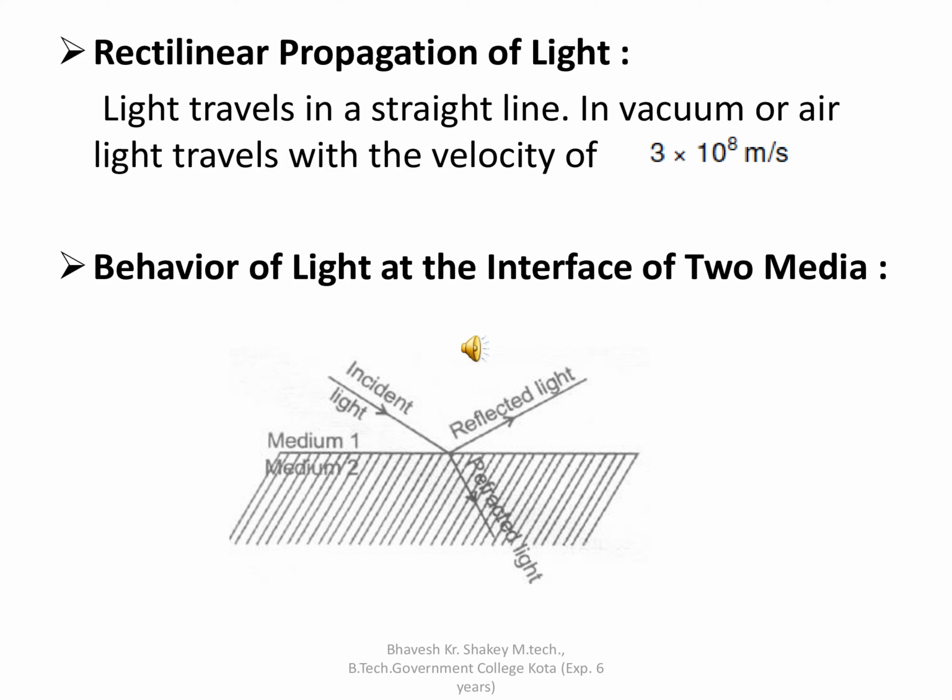Some part of the light, or some energy of the light, is absorbed. So one is called reflection of light and the second one is called refraction of light. What is reflection of light? When an incident light is bounced back into the same medium, it is called reflection of light. And the second phenomenon is when light moves from one medium to another medium and it bends, then that phenomenon is called refraction of light.